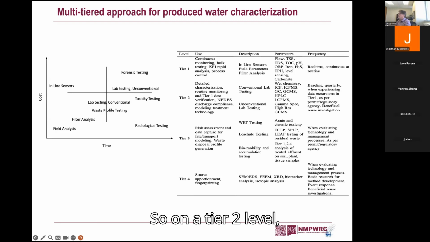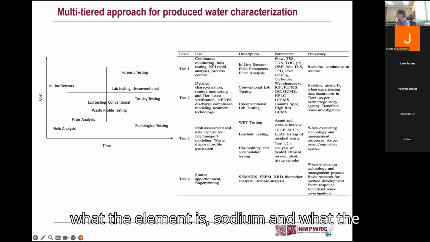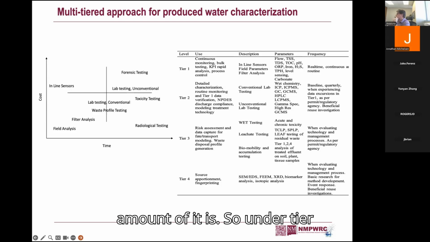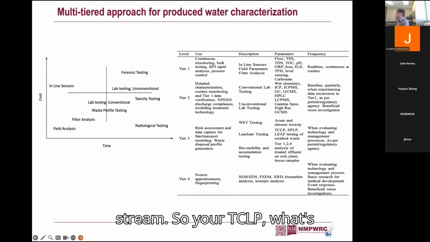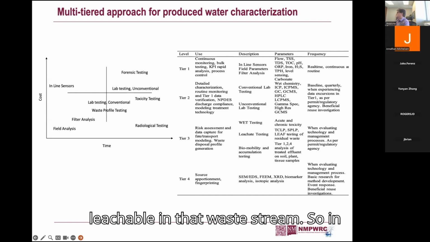So on a tier two level, we're doing more of the conventional laboratory analytical that gives us what the element is, sodium, and what the amount of it is. So under tier three, this is where things start getting a little bit more interesting from my standpoint. We're looking now at maybe what's in our waste stream. So your TCLP, what's leachable in that waste stream.